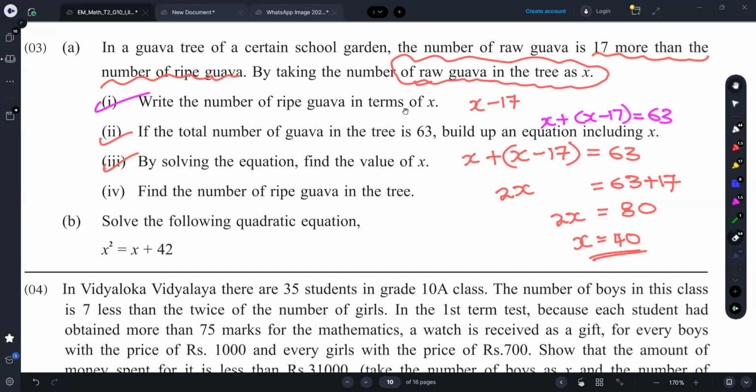Okay. Then find the number of ripe guavas in the tree. We have built up the equation X minus 17. Then we can substitute X equals 40 in it.